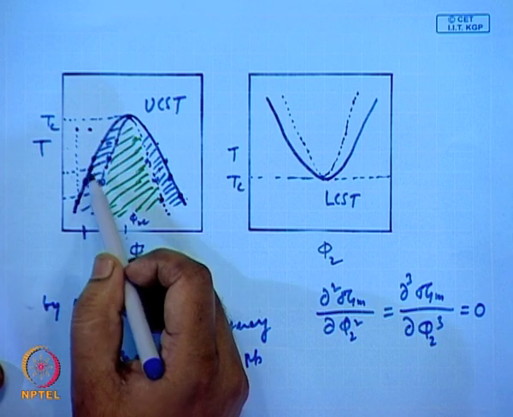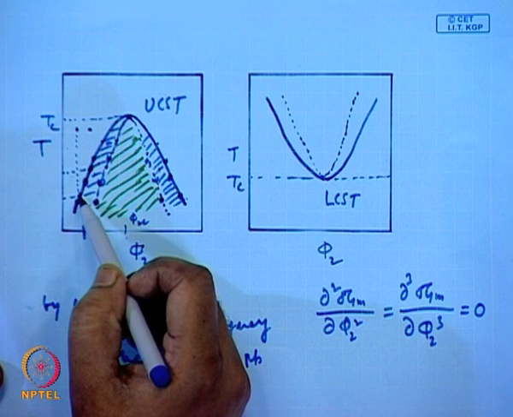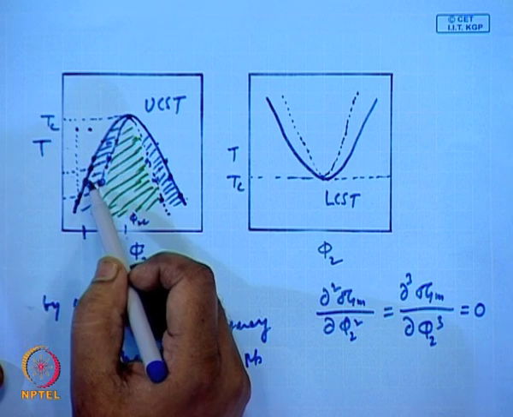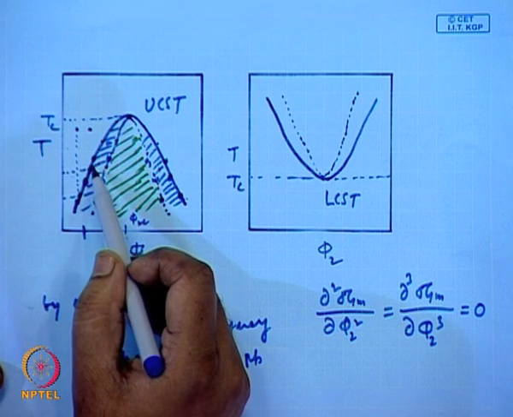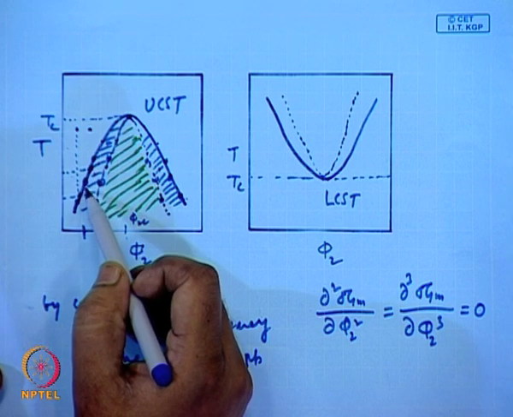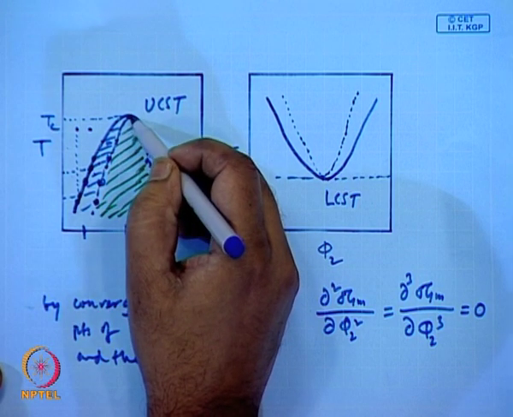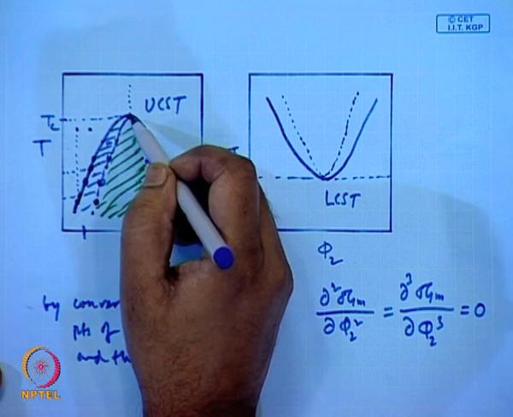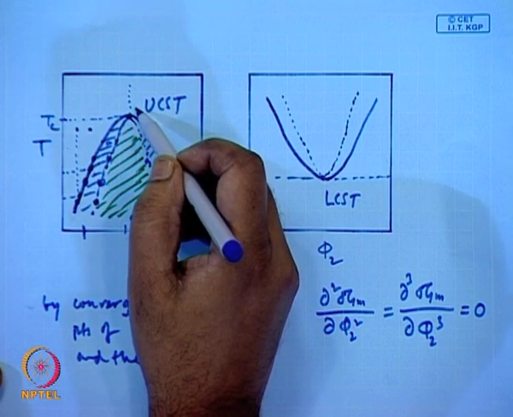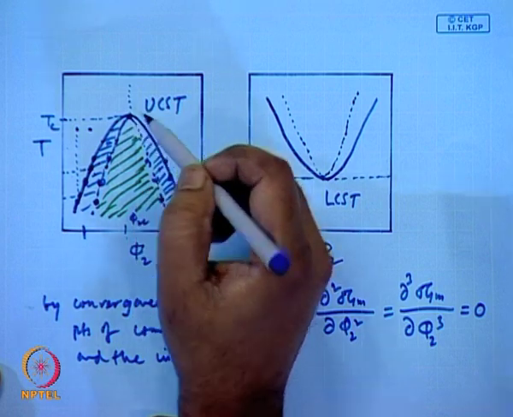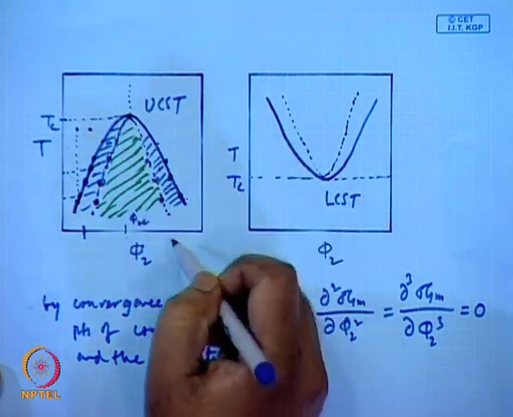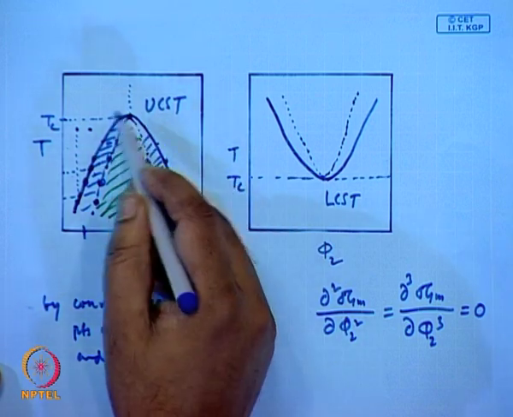These points where the two phases actually generate, or the polymer becomes insoluble, are called cloud points. Whereas for this composition at the critical temperature, it will start forming two phases. Above this temperature, for any composition they are insoluble.